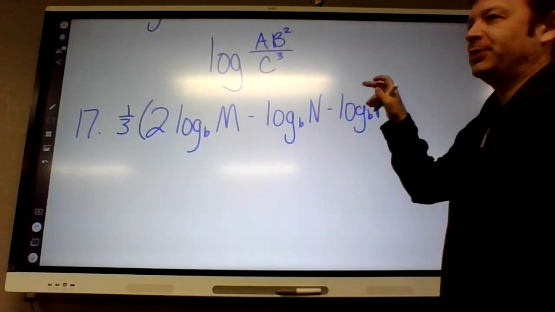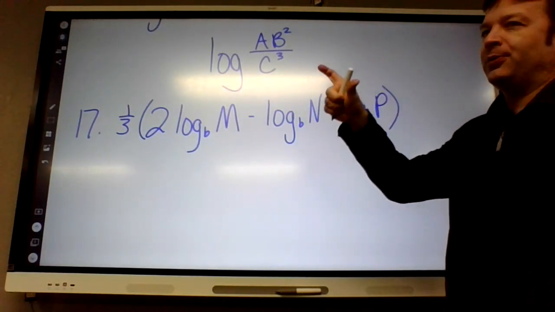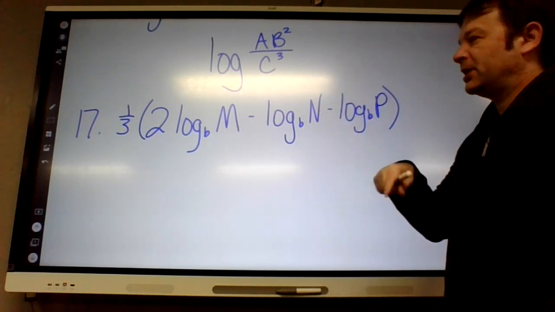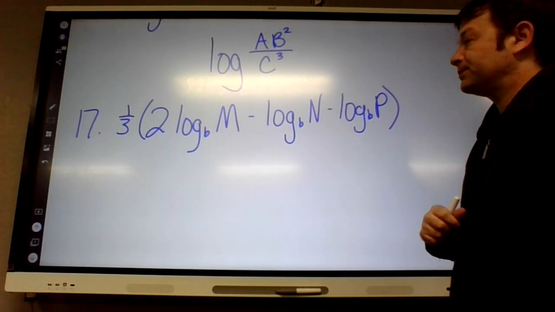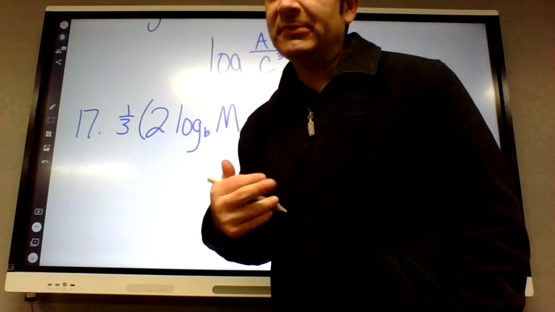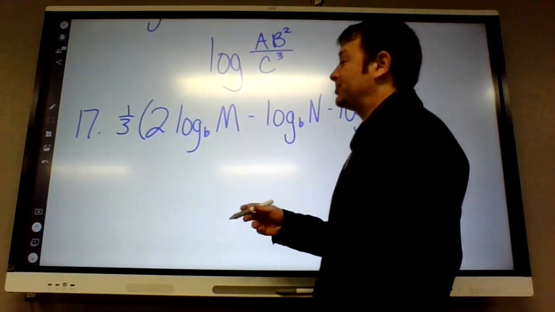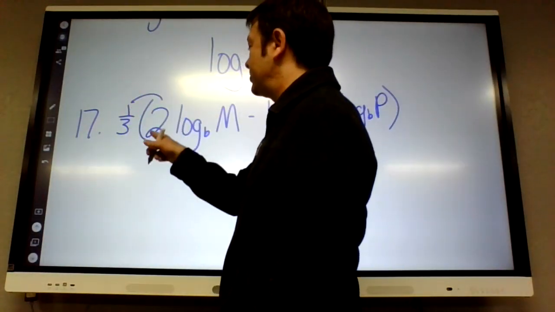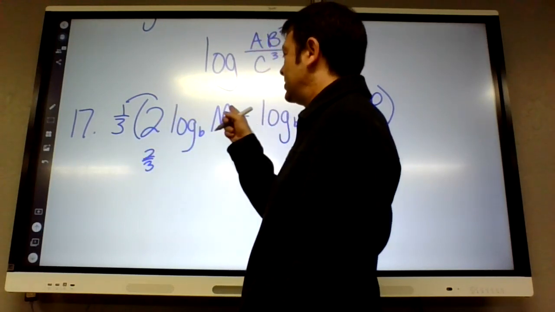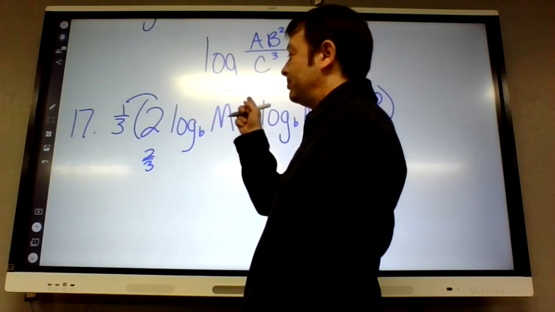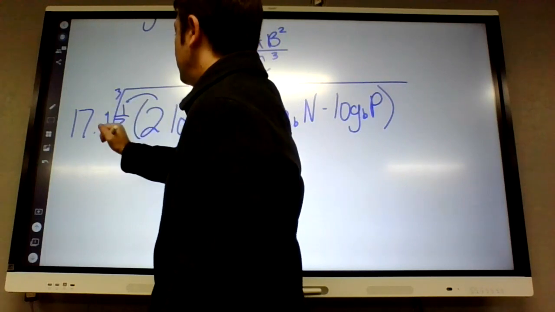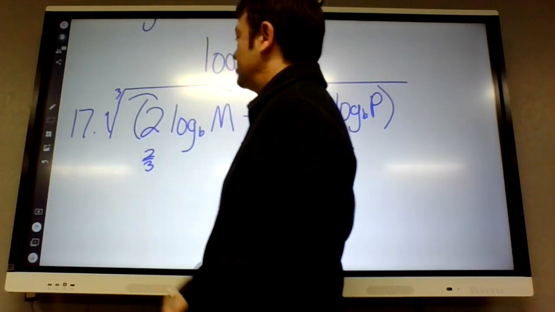But basically, 1/3 as a power is the cube root in radical form. So I think they want us to change it back into radical form. They never said that though, so if you kept it as a rational exponent, like if you distribute the 1/3, this would be like 2/3, and that would be the exponent. But instead I'm gonna do m squared, all inside the cube root. That's what the 1/3 power is gonna do.